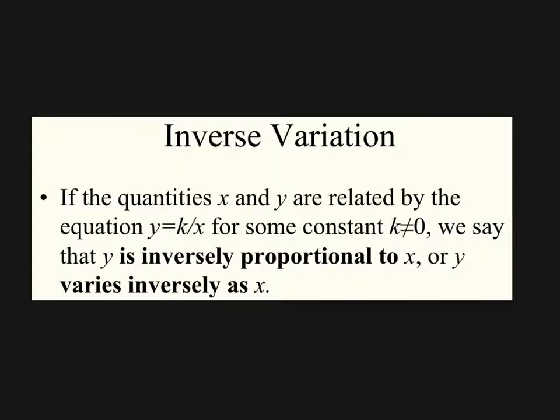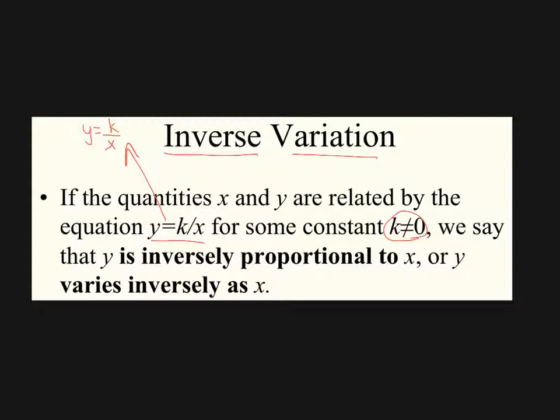All we're going to do from here is just add in a couple of other ways that we could have variables be related. We could have, for instance, an inverse variation. So if the quantities x and y are related by the equation y equals k divided by x, and I really would prefer to write that as y is equal to k over x, and really emphasize that it's k divided by x, for some constant k, where again k is not going to be 0, otherwise y would be equal to 0.